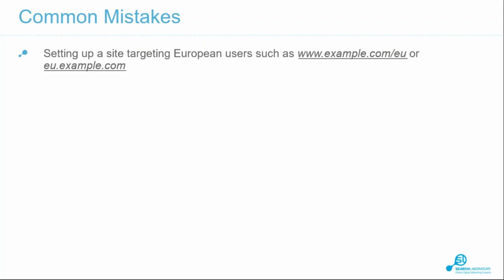Another common error, this is more with regards to site structure, and one that we do see very often actually, and it's quite difficult to manage, is setting up a website that targets regional users. In this example I've used European, but Latin America, APAC, EMEA could all be applied to this. So the example here is example.com/EU or eu.example.com.